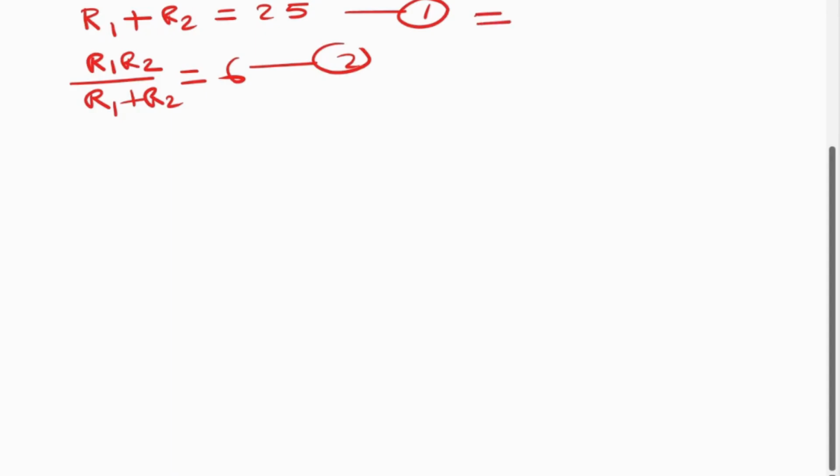Now here you see from equation number 1, we have R2 equals 25 minus R1.